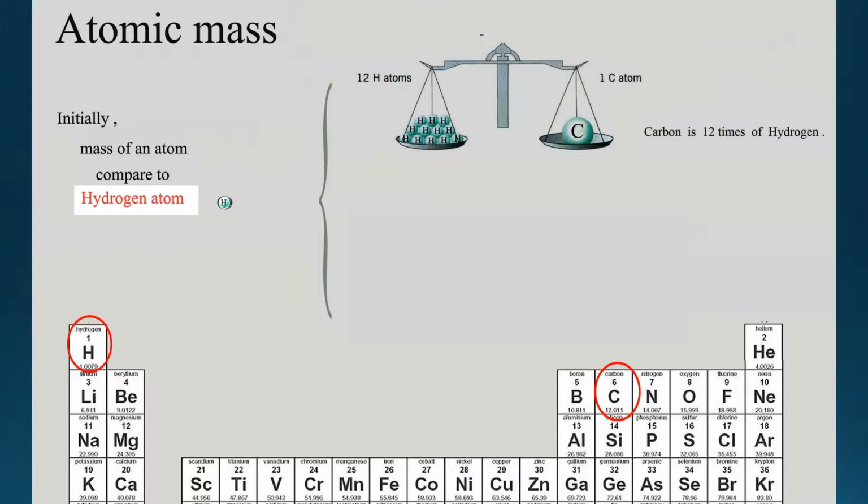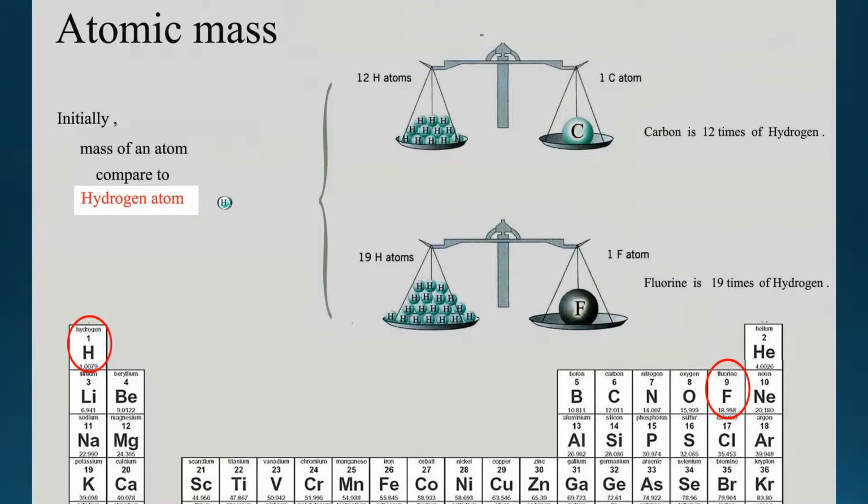Now let's take another example, fluorine. What is the weight of a single fluorine atom? It is equivalent to about 19 pieces of hydrogen, so it will be close to the number 19.